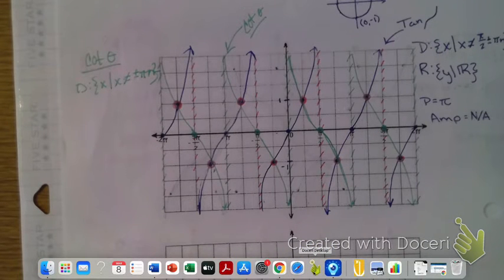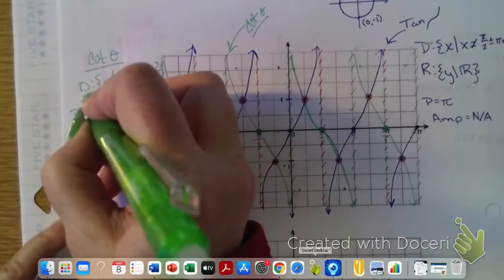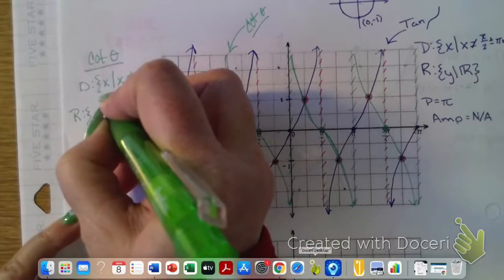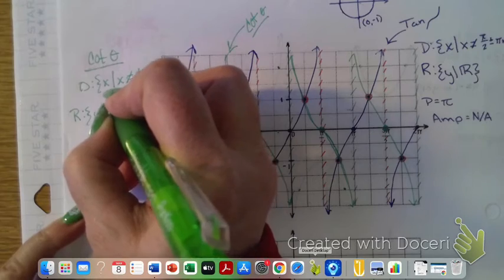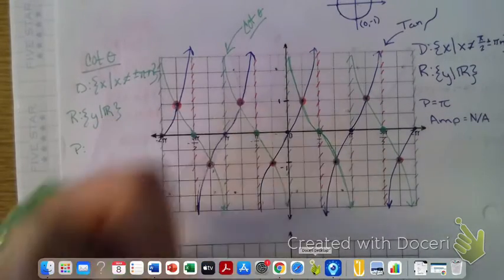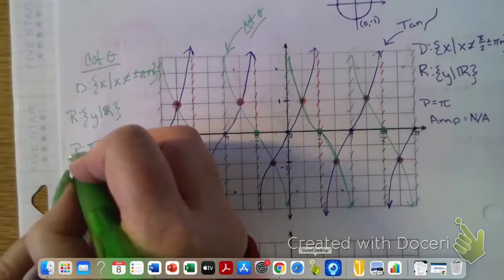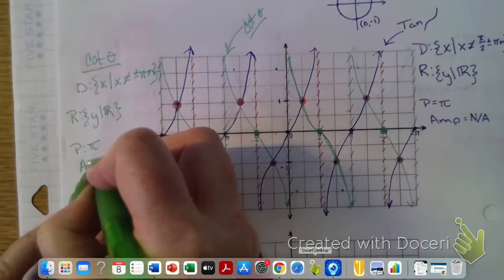Secant. And range? All real numbers, because it extends from negative infinity to positive infinity. The period? Pi. Amplitude? Not applicable.